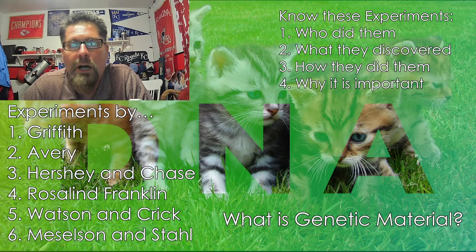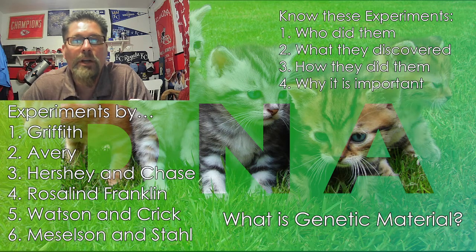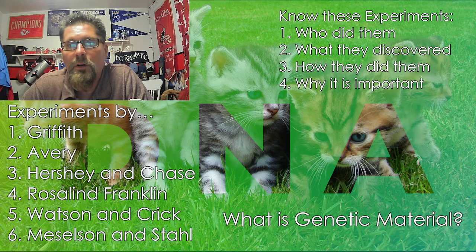We're going to look at who they are, what they discovered, how they did their experiments, because that's really the interesting part, and of course why it's important in their conclusions.